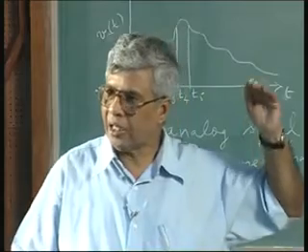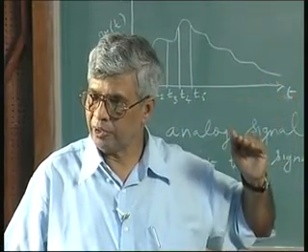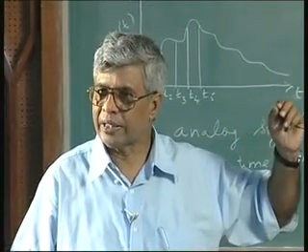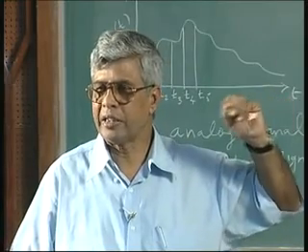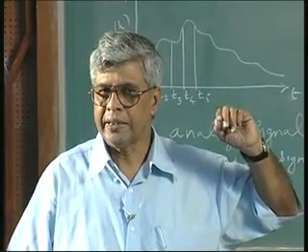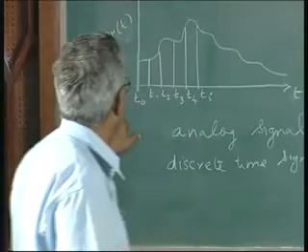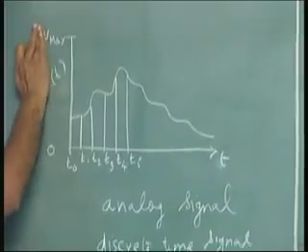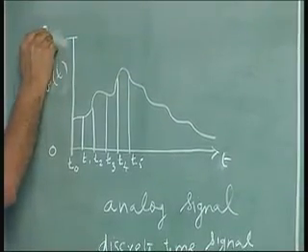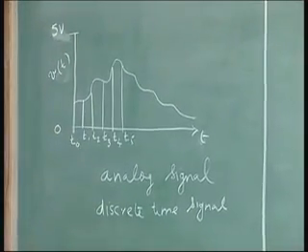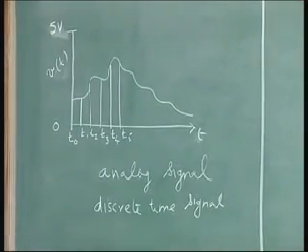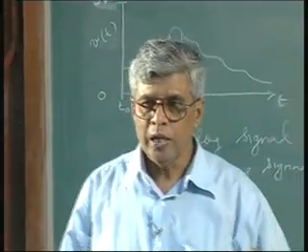But whether it is a discrete signal or a discrete time signal or an analog signal, the variation of the signal between these two limits is a continuous variation. There is no defined points by which it can vary. What I am saying is, supposing my initial value is 0 volts and V max is 5 volts as an example. I am only allowing the signal to change from 0 to 5 volts.